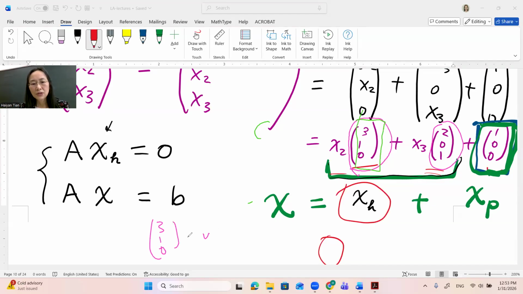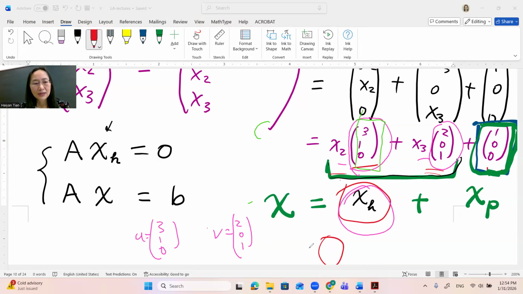V is 2, 0, 1. So U and V, an arbitrary combination of the two will be a solution of homogeneous.